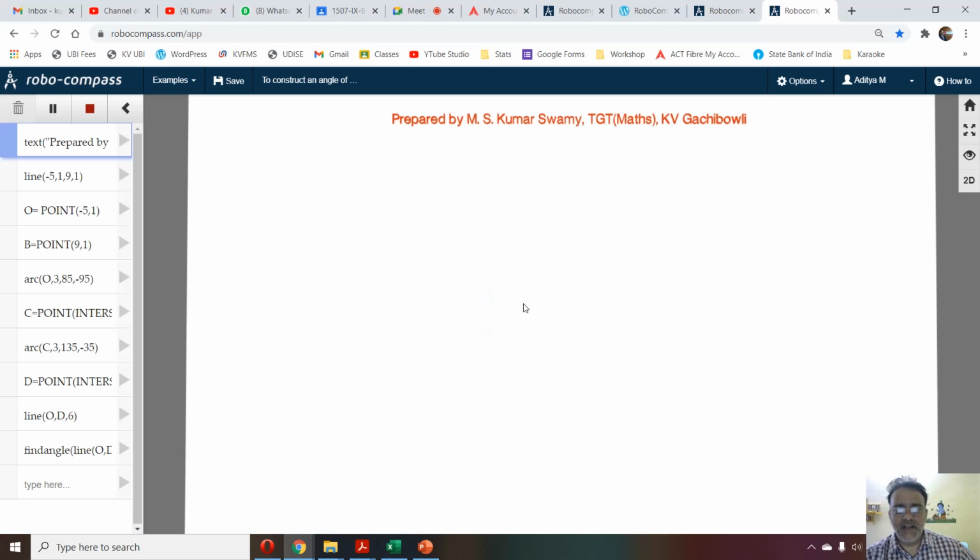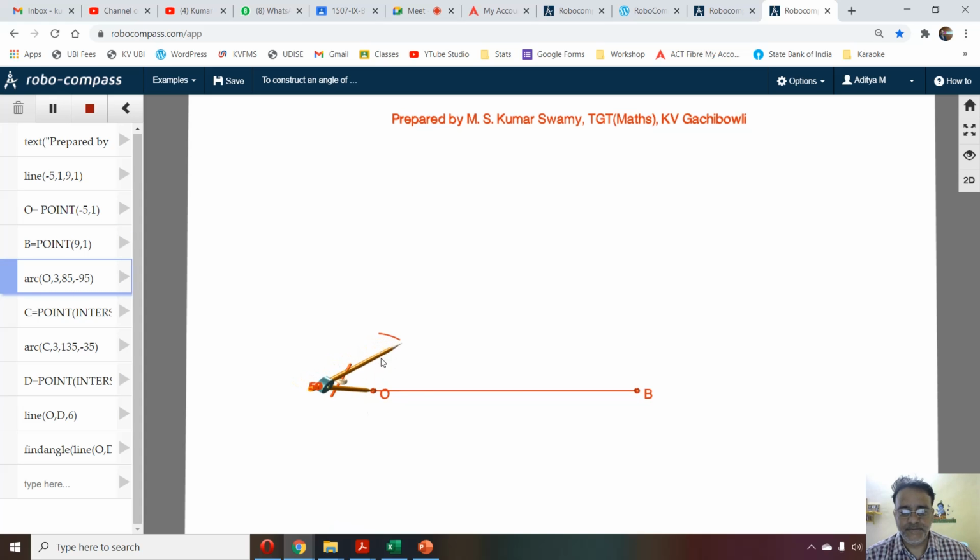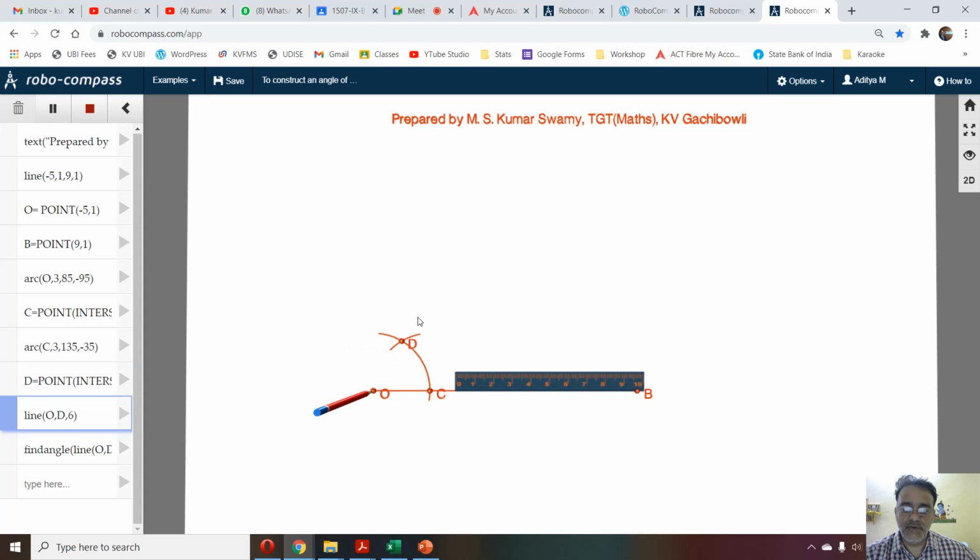So first we will draw a line, okay, using ruler, and we will take this point as O and this point as B. Now after that we will draw an arc of convenient radius with center O, which will intersect OB at point C, and again with center C and same radius we will draw another arc which will intersect the previous arc at point D. Okay, then we will draw a line through OD.